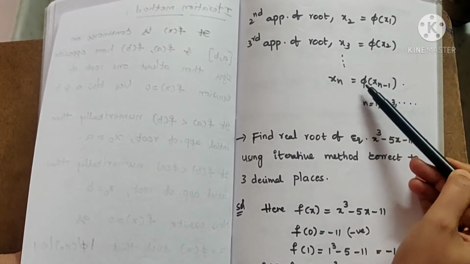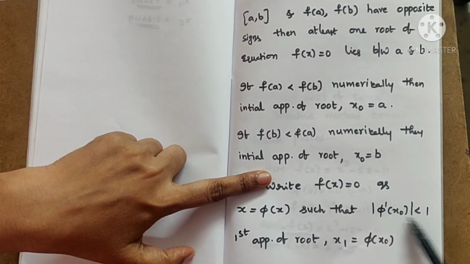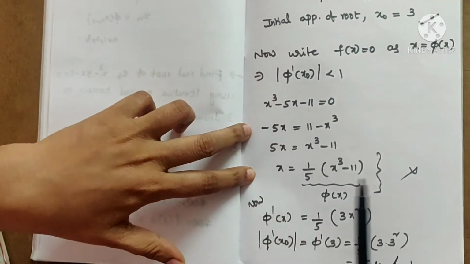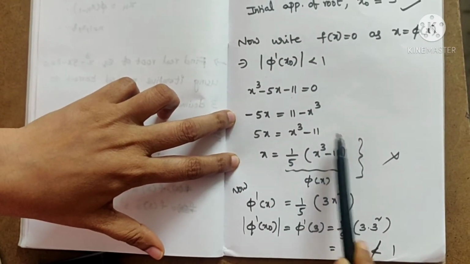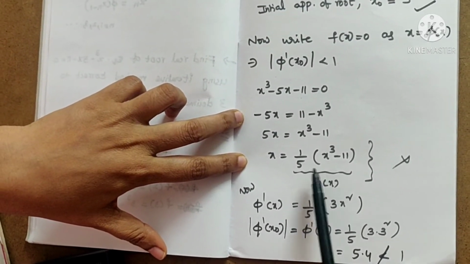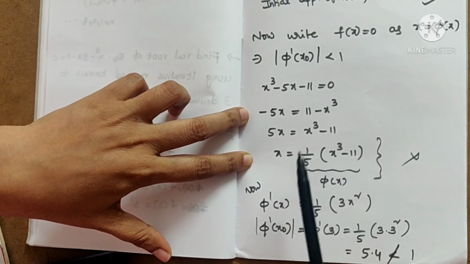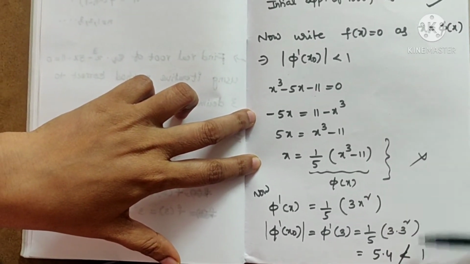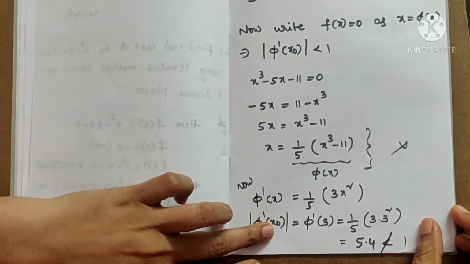This phi should satisfy phi dash of x naught less than 1. But here we got a phi of x that does not satisfy our condition. Such type of phi of x is not useful to calculate the approximate root. So leave this one. This is not useful.